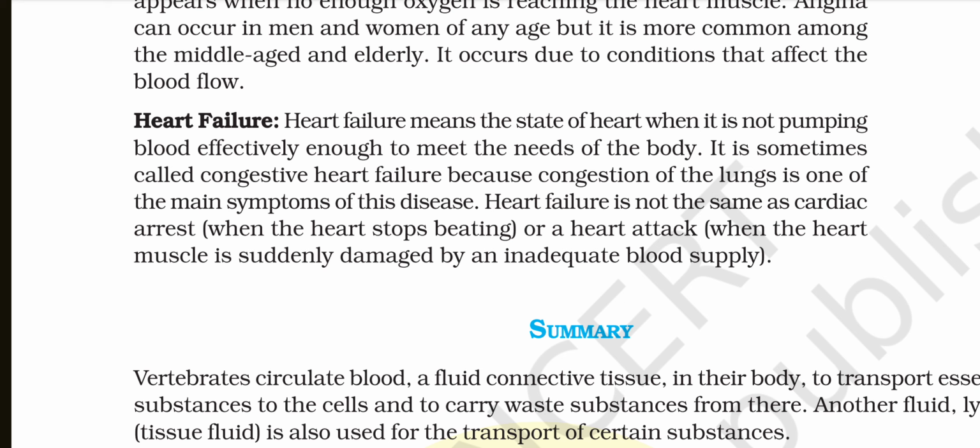In heart attack, the heart muscle is suddenly damaged by the inadequate blood supply.